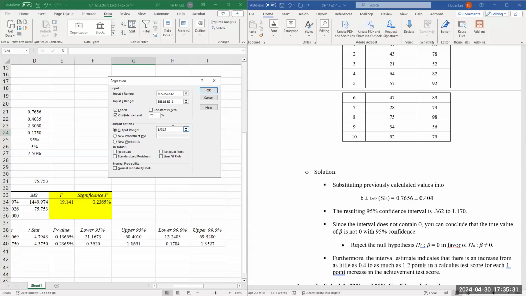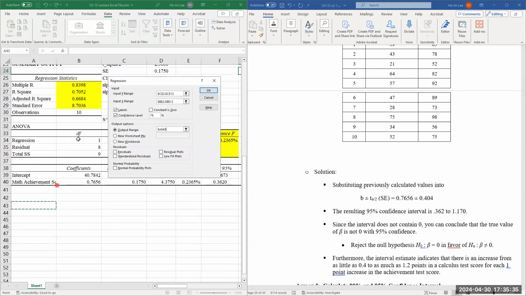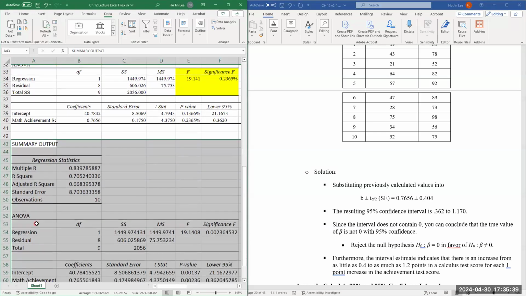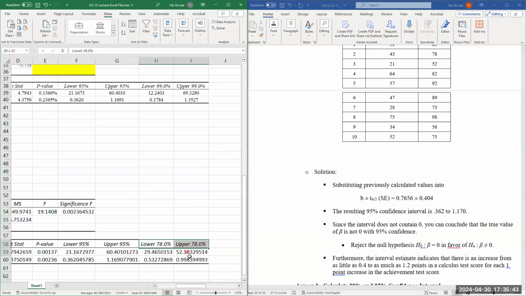So let's do this. Output range, I'm going to put it right here. Press OK. Nothing here will change except for these two right here, which is 78, compared to 99. Nothing else will change other than this.